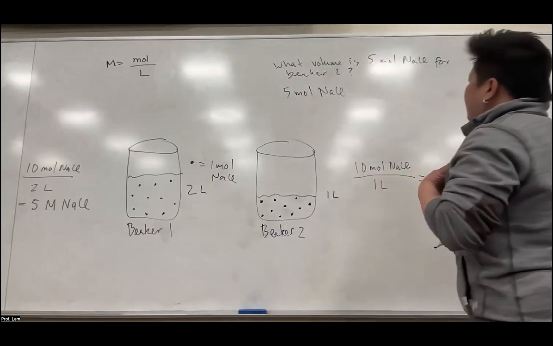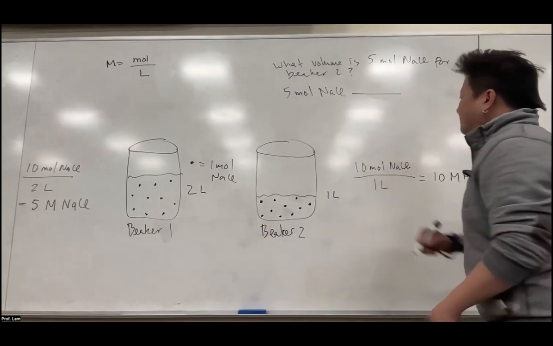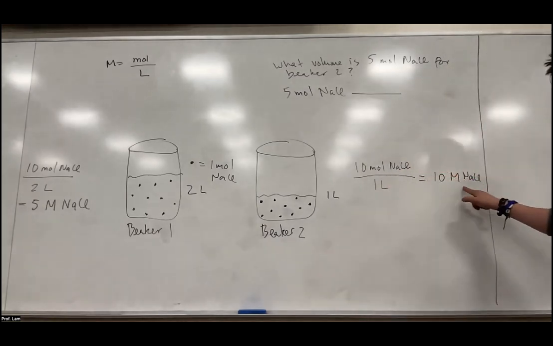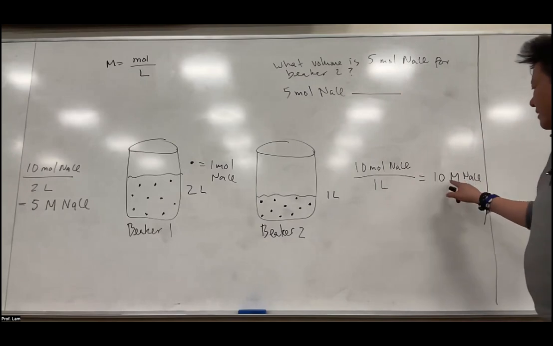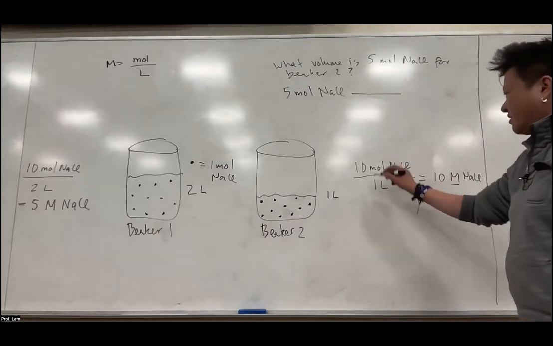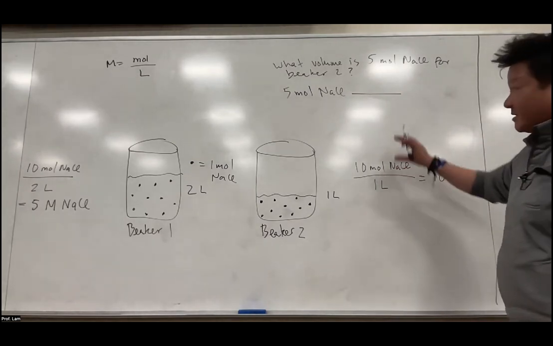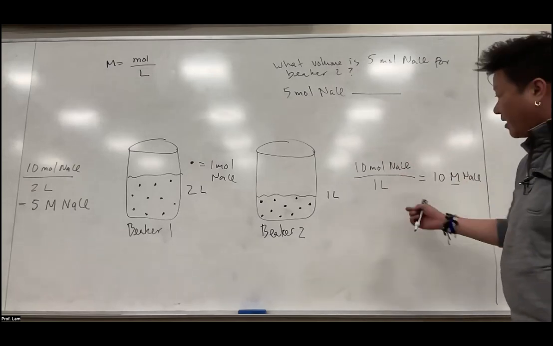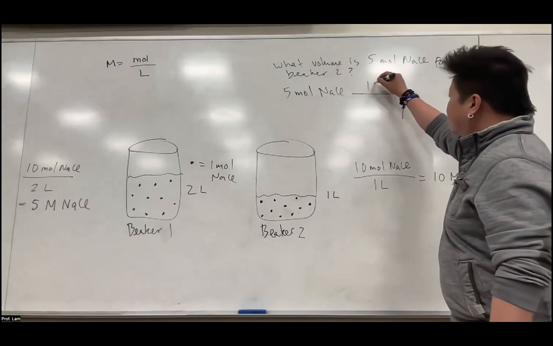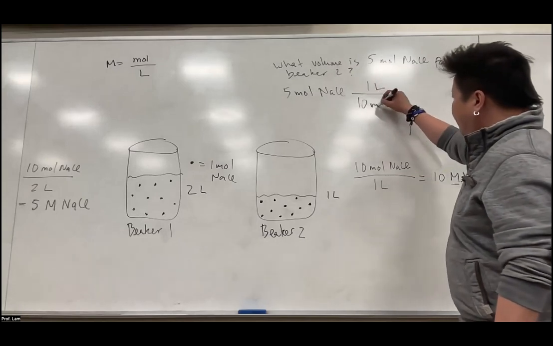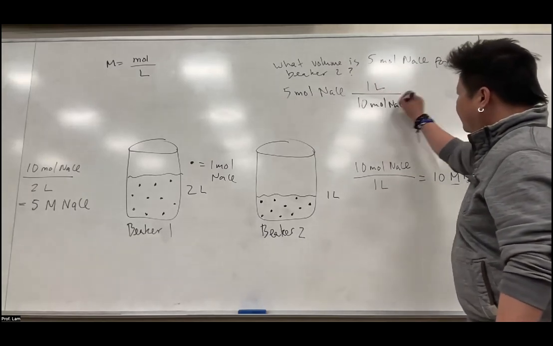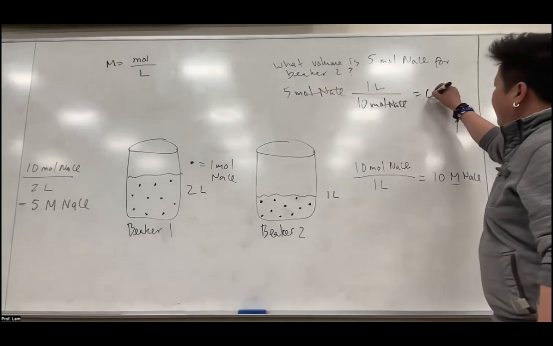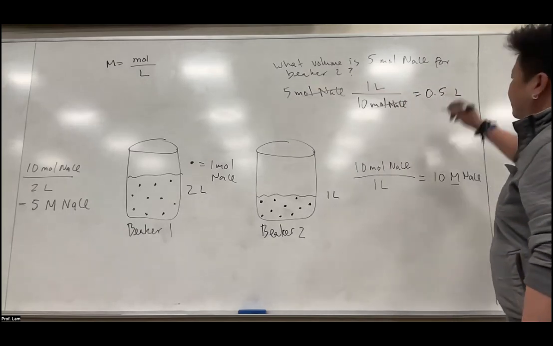Okay. So 5 moles of NaCl, and it's 10 molar. So you break it up. Whenever you see big M, just break it into moles over liter. It's going to be easier for problem solving because again, you'll know what to put on top and what to put on bottom. So we want liter on top. So 1 liter on top, 10 moles of NaCl on bottom. So that cancels, and you have half a liter.